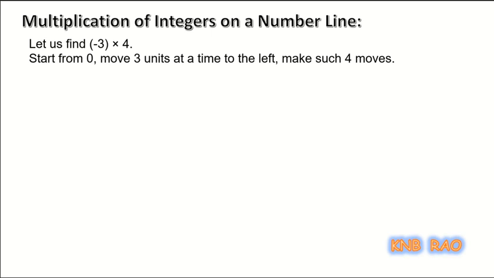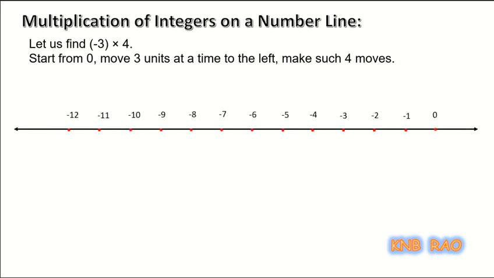So, if I want to do minus 3 into 4 using number line, we will take a number line and integers on it, where multiplication is done starting from the 0.